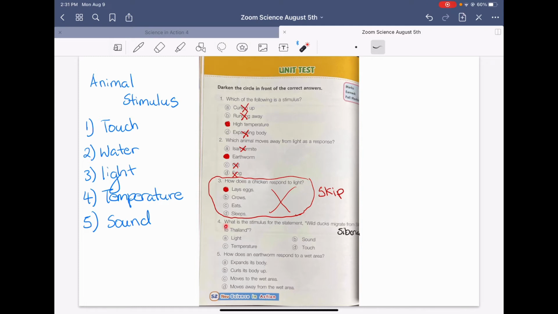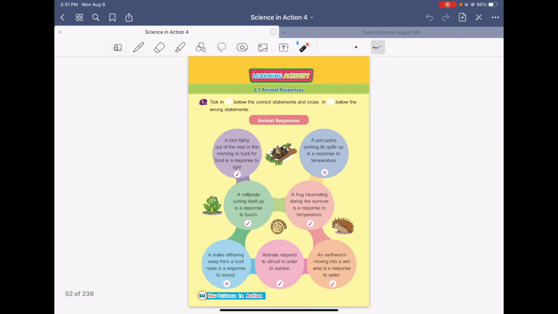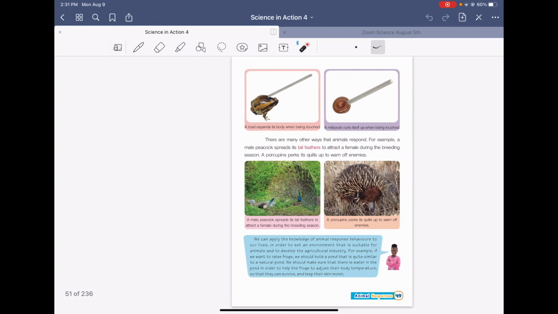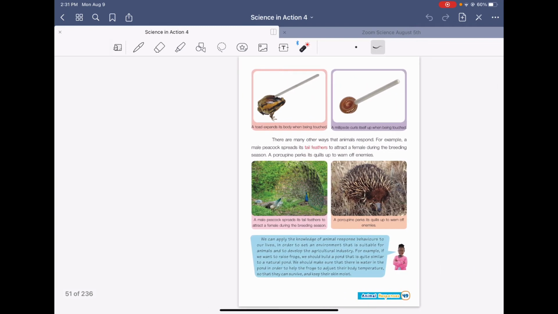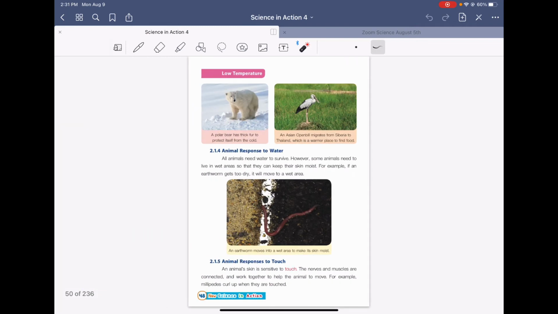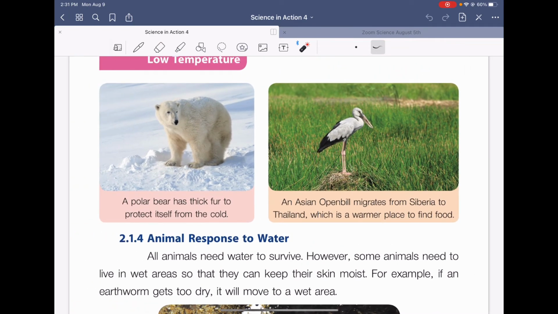So, number 4. What is the stimulus for the statement, wild ducks migrate from Siberia to Thailand? Migrate. All right, let's take a look at migrate. What is migrate? An Asian open-bill migrates from Siberia to Thailand, which is a warmer place to find food.